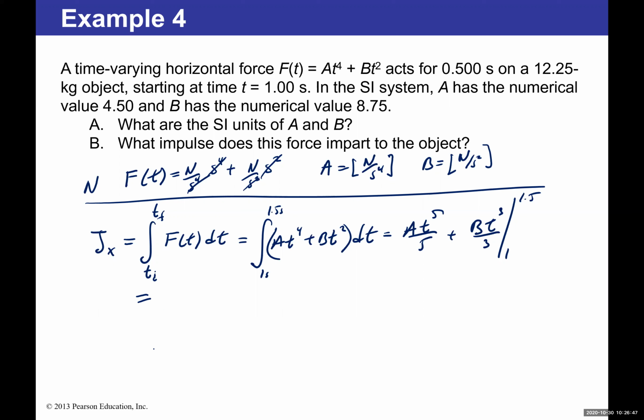You're going to get 12.9 newton seconds for the Jx. Those should be the units for the impulse. That means if you have a time varying force, you need to plug in and integrate all that.